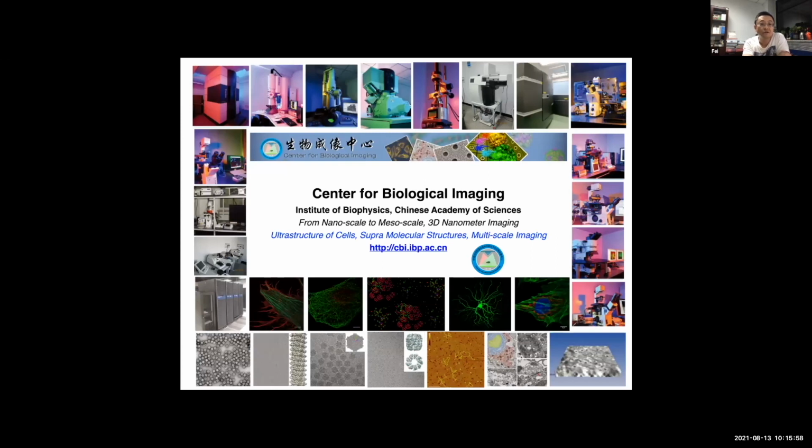Our center is a kind of core facility, a research platform combining electron microscopy and fluorescence microscopy together, and we provide open services to our users, with technology to try to image biological structures from nanoscale to mesoscale in 3D at nanometer resolution.